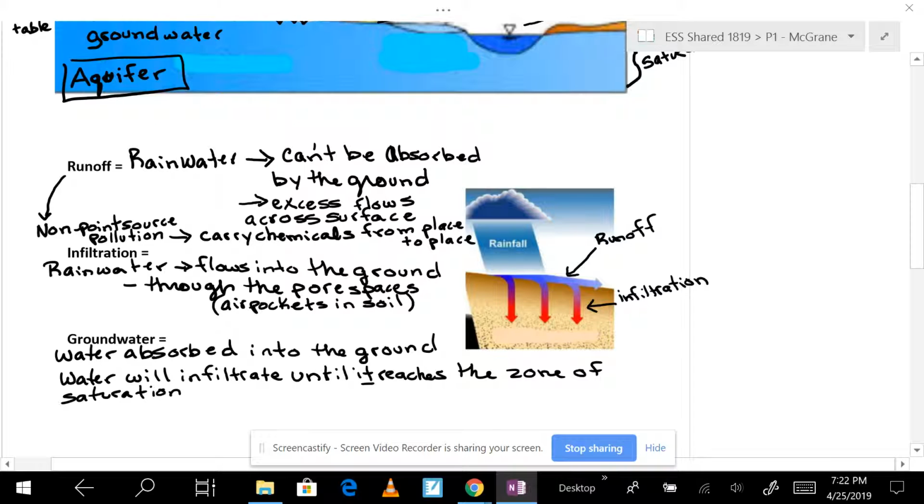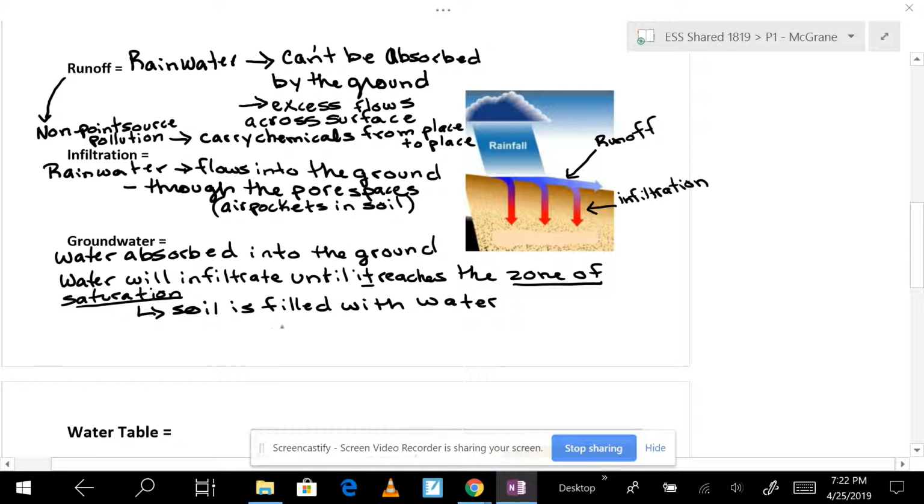Okay, this zone of saturation is when the soil is filled with water. It's like a sponge that just can't take any more.